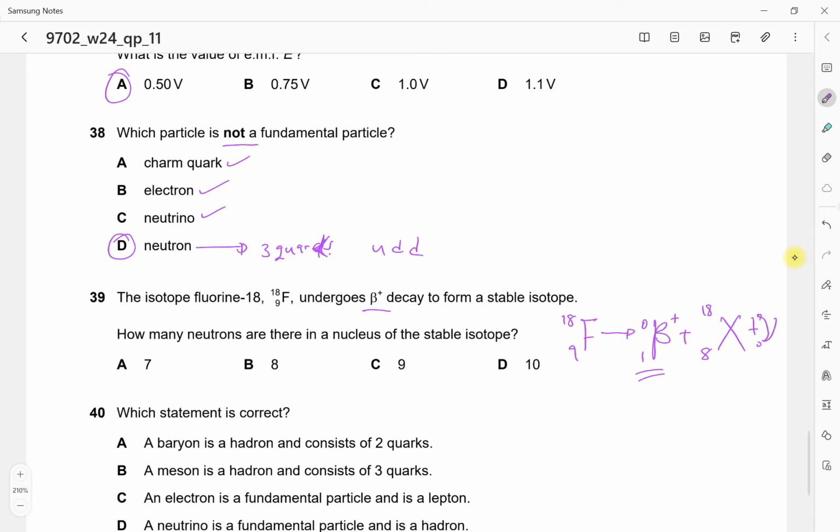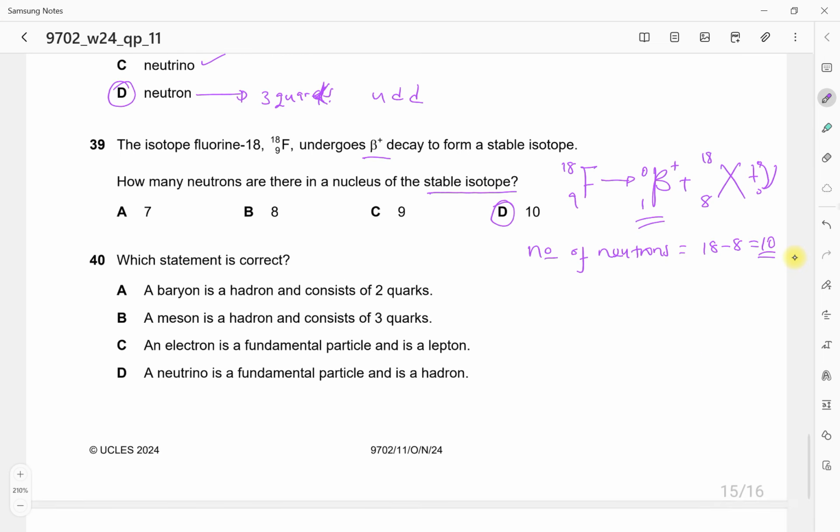How many neutrons are there in a nucleus of the stable isotope? The nucleon number is 18, the proton number is 8. So the number of neutrons is 18 minus 8, nucleon number minus proton number, which is equal to 10. So the answer is D.